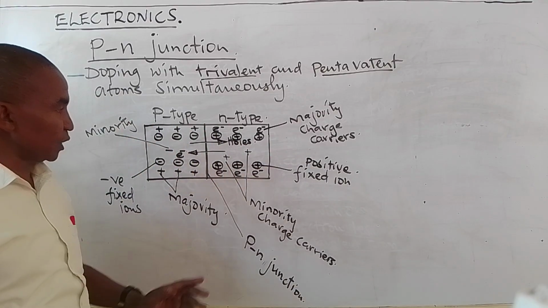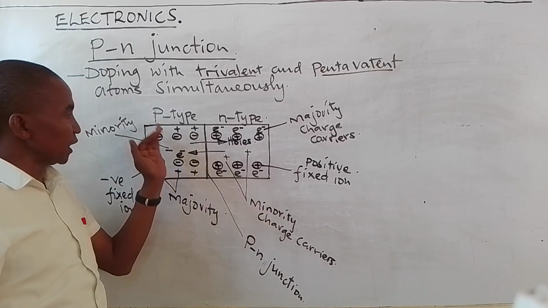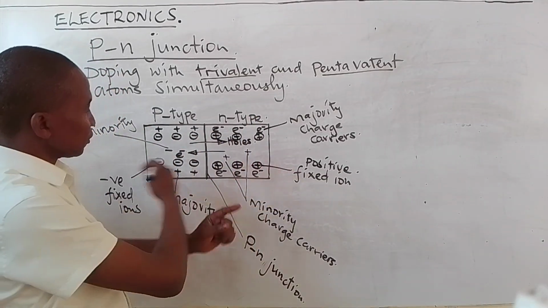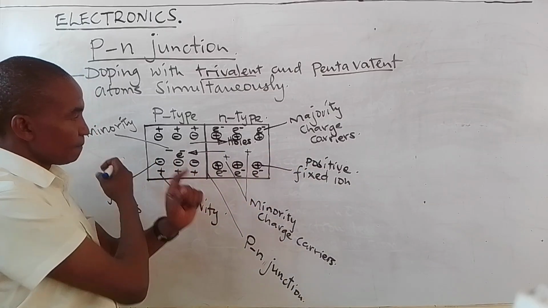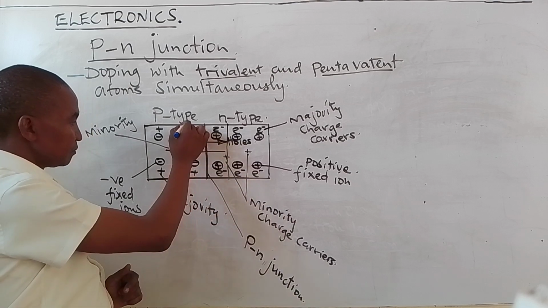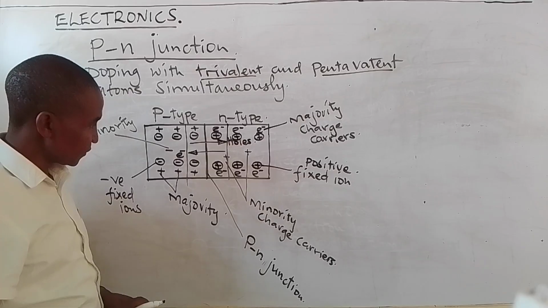So as electrons and holes cross over, we are going to leave a region here of uncovered fixed ions.